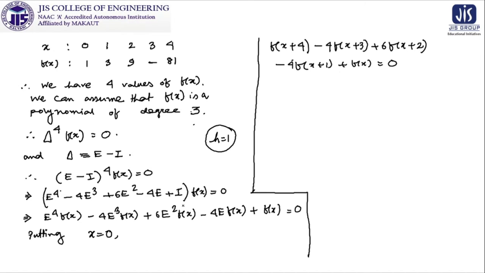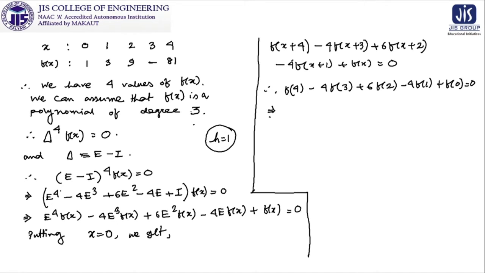then what we will get, here I am writing, if I put x equal to 0, f(4) minus 4 f(3) plus 6 f(2) minus 4 f(1) plus f(0) is equal to 0.